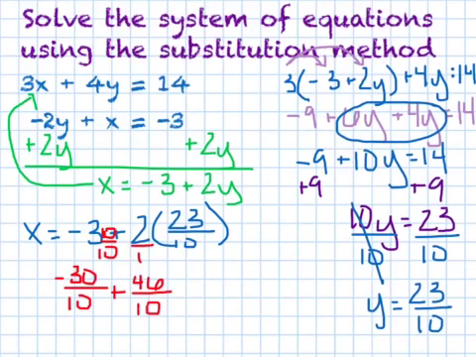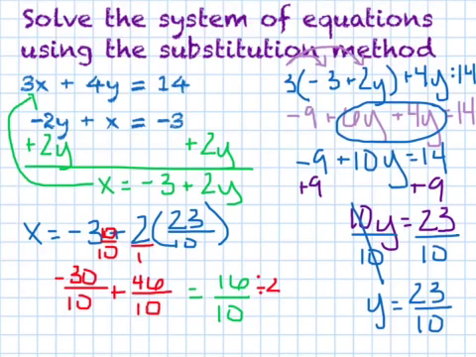Now, when we have common denominators, we'll keep the denominator. We have a positive number and a negative number, so we're going to go ahead and subtract. 46 minus 30 gives us 16. The negative is with the smaller number, the positive is with the bigger number, so we're going to keep it a positive 16 over 10. Can we reduce this? Yes, of course we can reduce it.